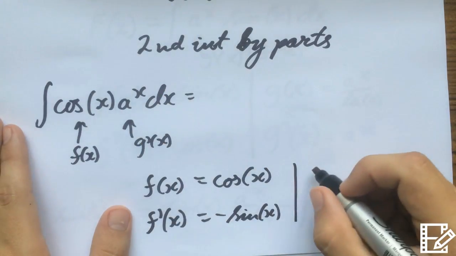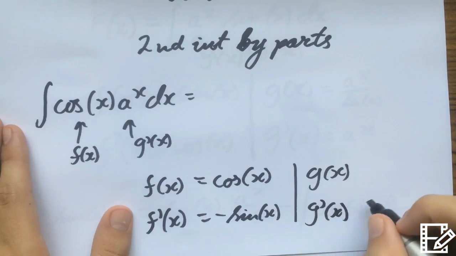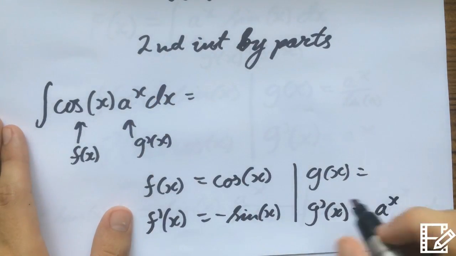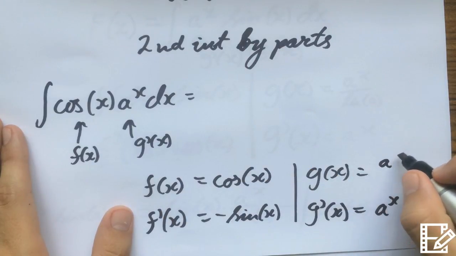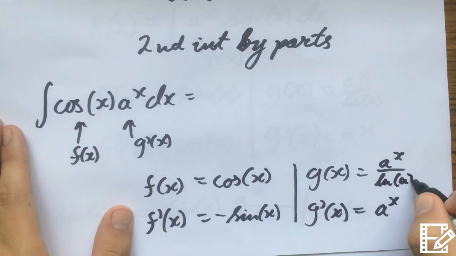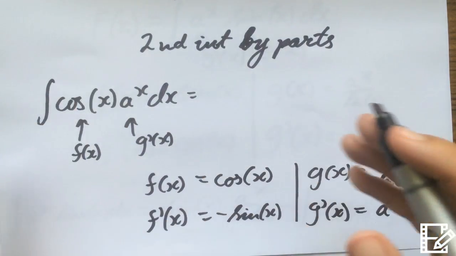Now, g(x) and g'(x). Our g'(x) will be a to the power of x, and our integral of that will be a to the power of x over ln of a plus c, but I'm not going to do it here. I'm going to do it later when I've got the formula written out.